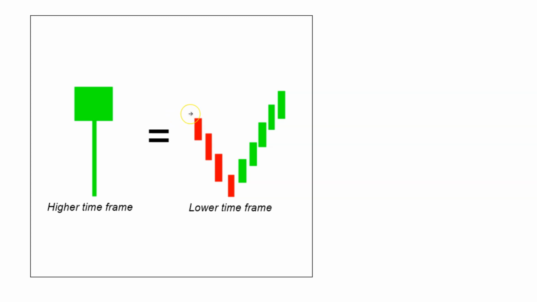So what happened during the trading day is the stock went lower, and then throughout the middle of the day it goes up. So we have a downtrend and then an uptrend, and this is the same as this. It's just that this is a higher time frame, this is a lower time frame.